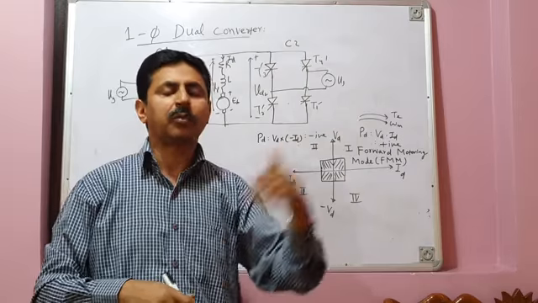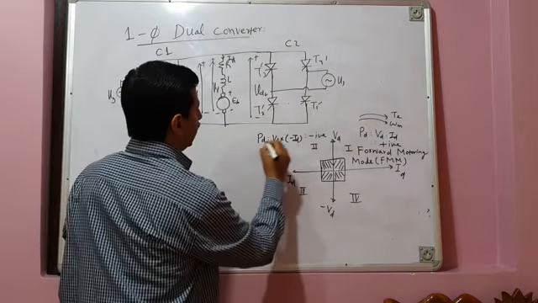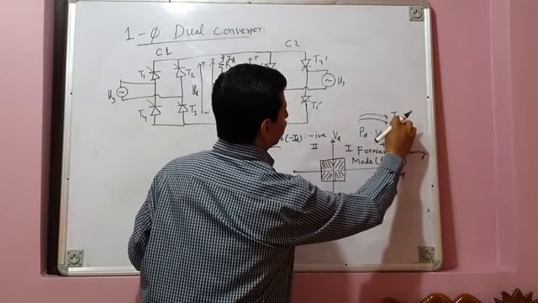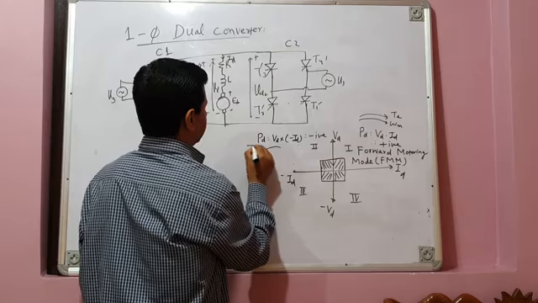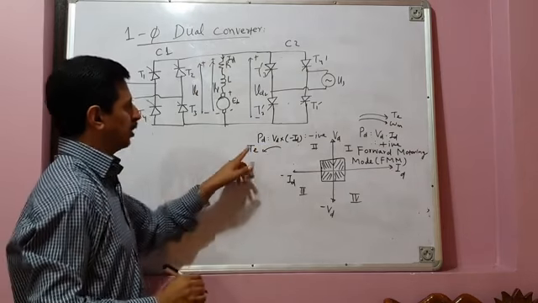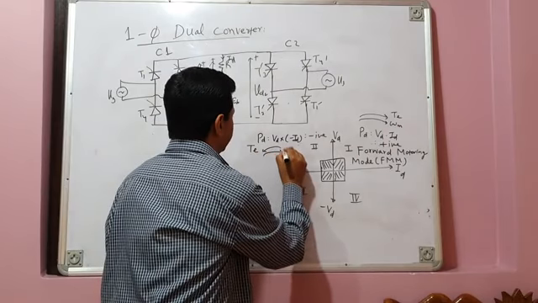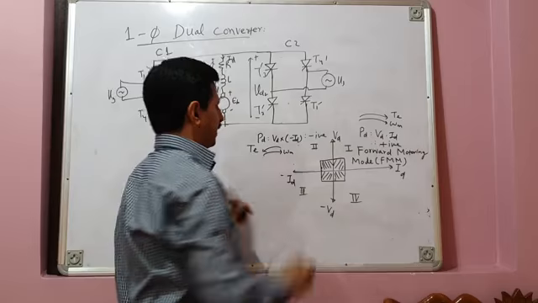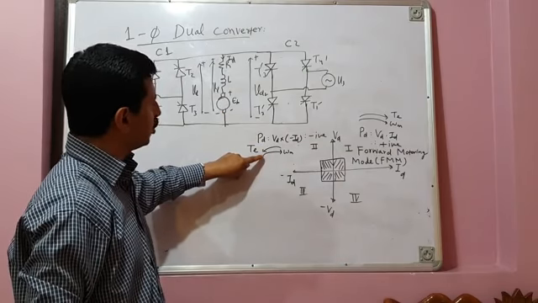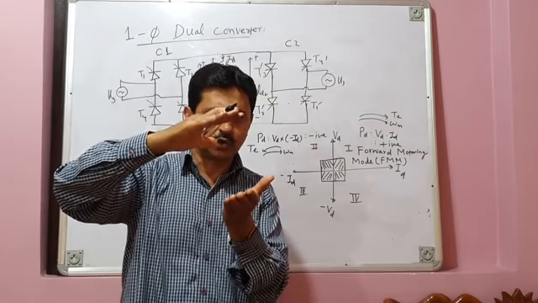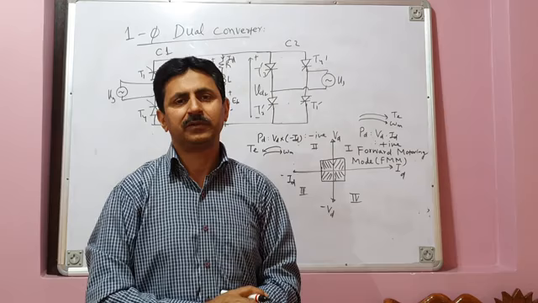And when it is supplying power back to the source, what will happen to the direction of electromagnetic torque? In motoring mode, electromagnetic torque was in clockwise direction. Now in regeneration mode, electromagnetic torque will be in anti-clockwise direction, but the motor will continue to run in the same clockwise direction. Since torque is opposing the motion, the machine will slowly slow down, and finally it will come to a stop.